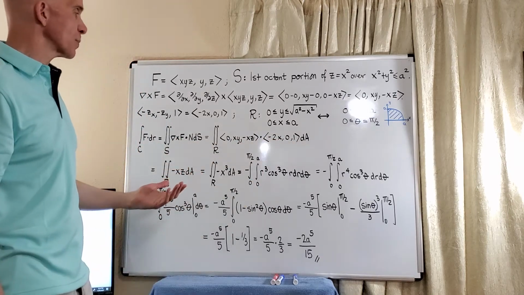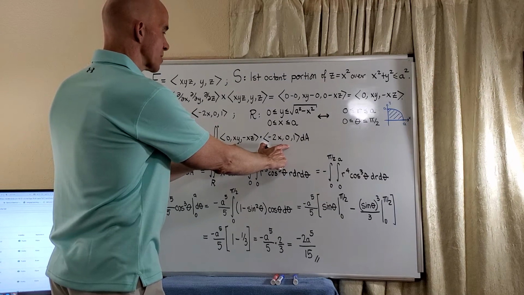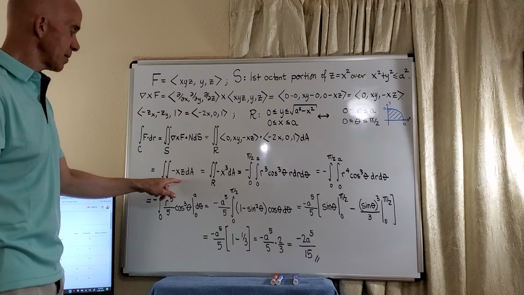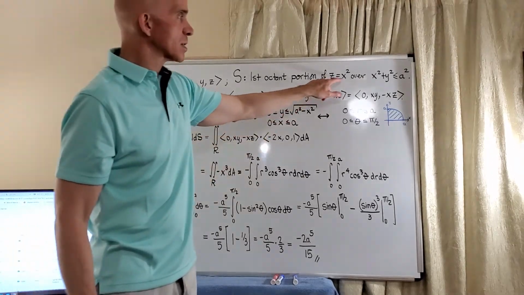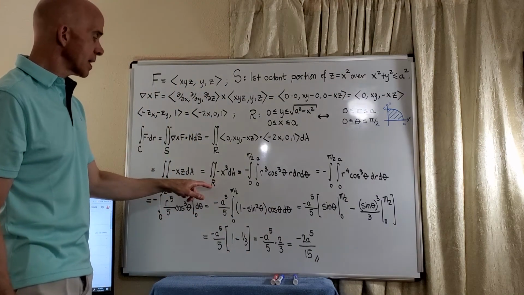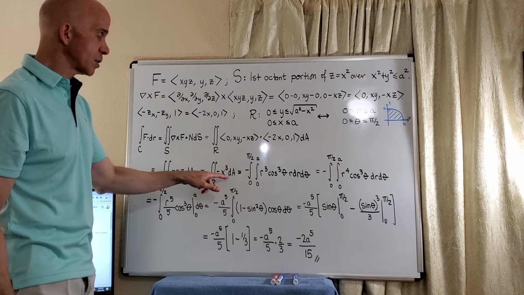When we look at this computation, the first two components of the dot product are 0, but the third one gives us a negative xz as we have here. And now we can replace z with its Cartesian equivalent, which is x squared. So this will give us the double integral over the region R of negative x cubed dA.